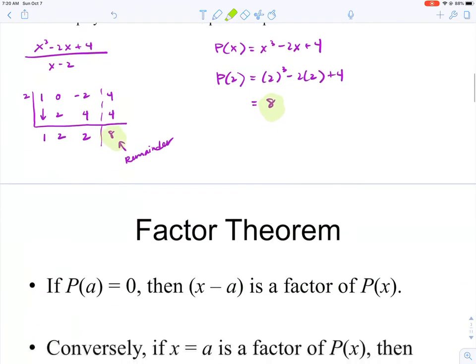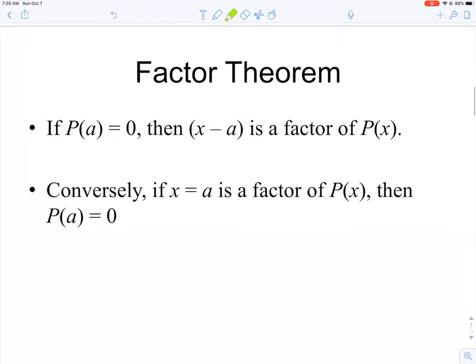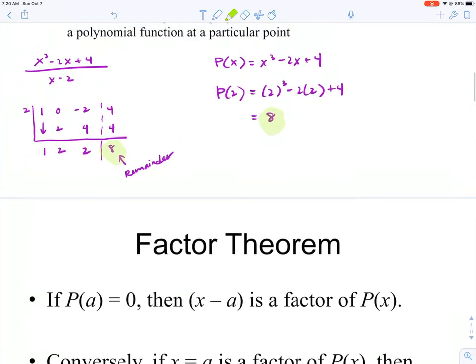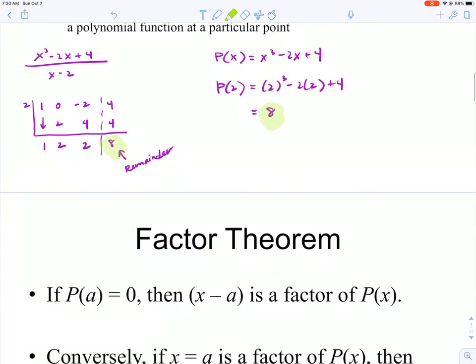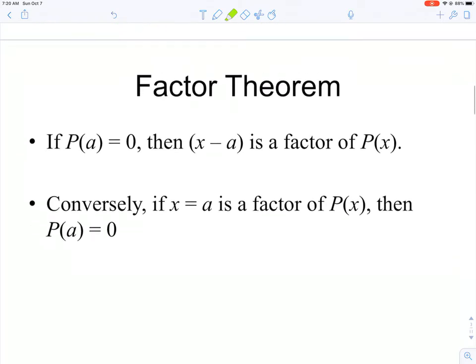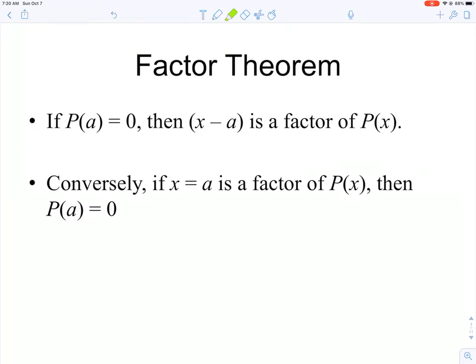So the remainder theorem leads us to the factor theorem, right? So if we think about the remainder, like what if the remainder is equal to 0? Well, that would mean that p evaluated at a would be equal to 0, which would make a 0 of the polynomial, and therefore x minus a a factor of the polynomial.